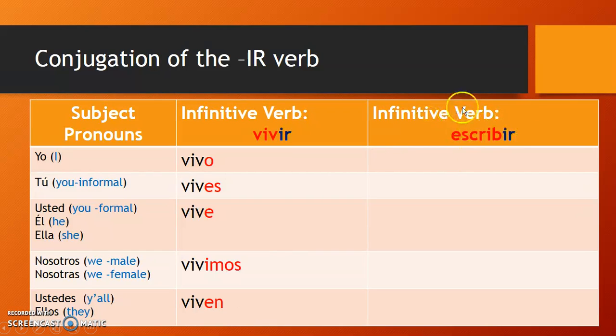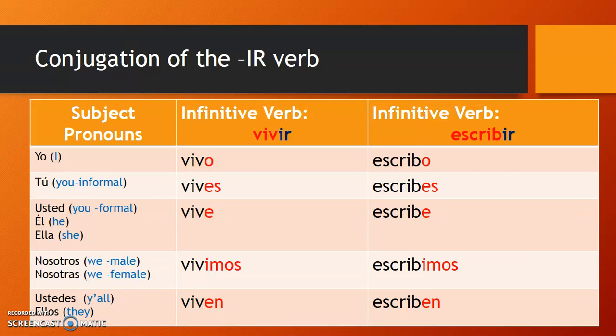Okay, so we're going to use the verb escribir. Escribir means to write, and it has an IR ending. So again, I would just go ahead and maybe write those down and then really pay attention to the pattern here. Yo escribo, tú escribes, usted, él, ella escribe, nosotros, nosotras escribimos, ustedes y ellos escriben.